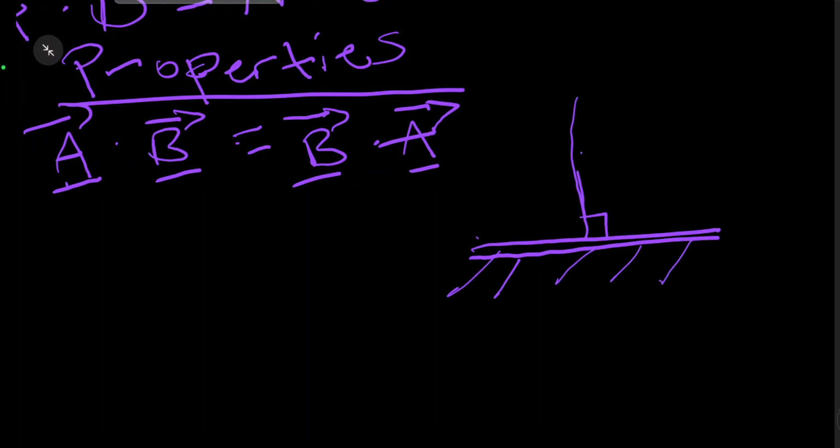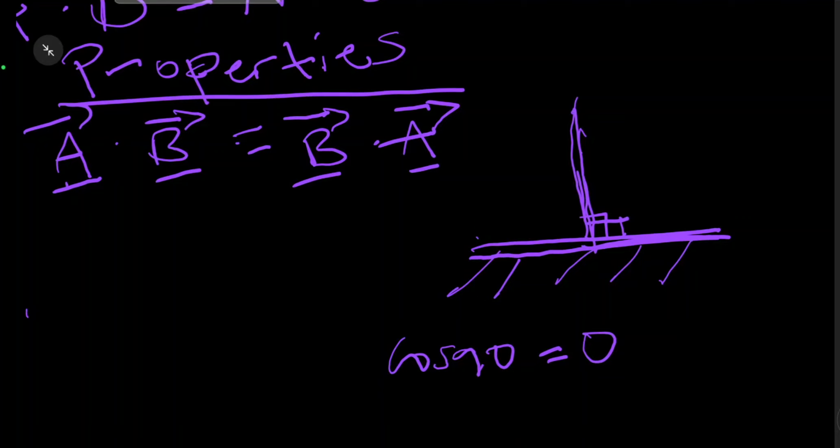So if two vectors are at this angle, we have the cos of the angle, and we all know that cos 90 is equal to 0. Because there's no work done at a right angle, it's simply 0.